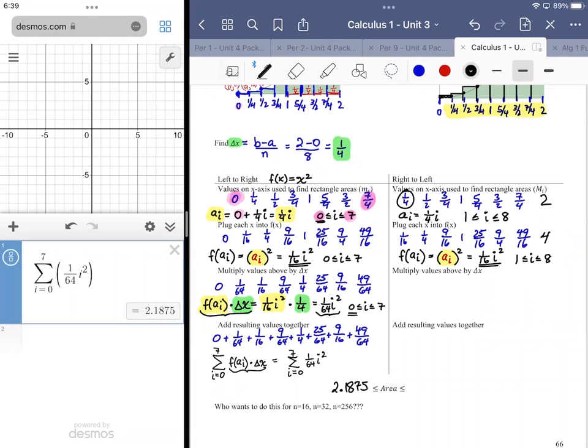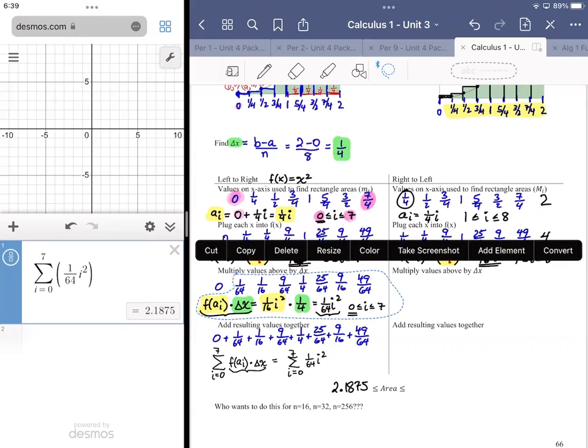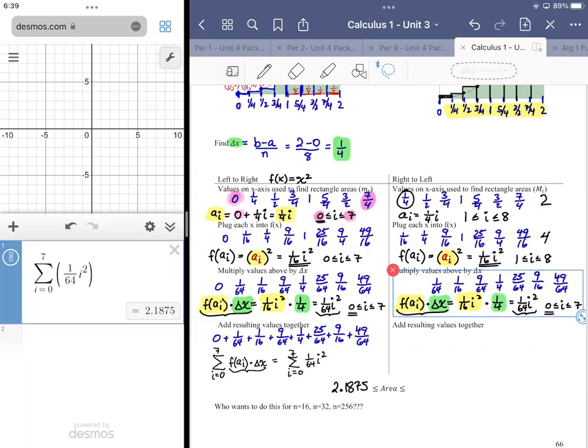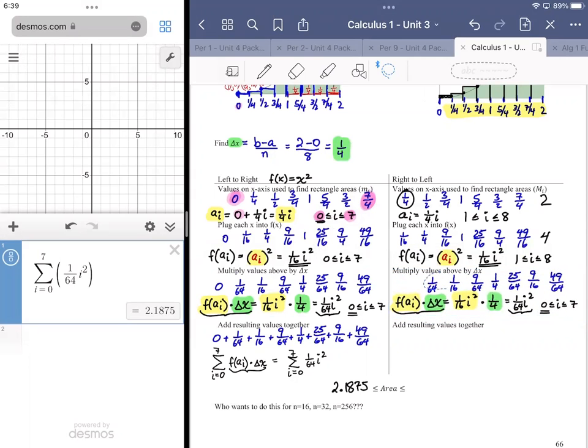So then when we multiply each value by delta x, we get the same set of values, except instead of going from 0 to 7, it's going to go from 1 to 8. That'll give us a 1 off at the end because we're multiplying a 4 by delta x.